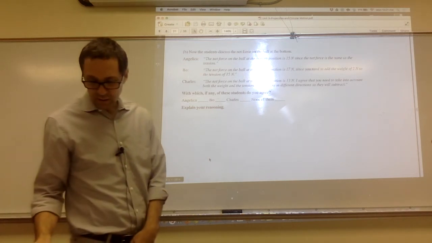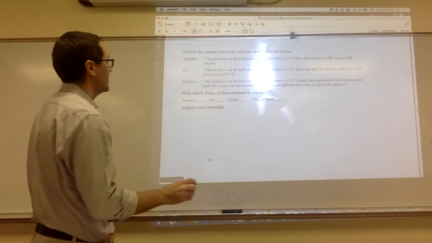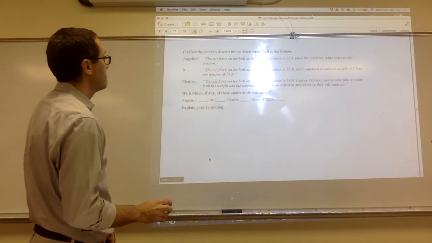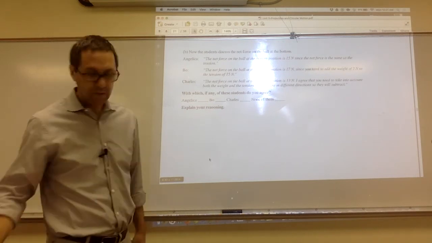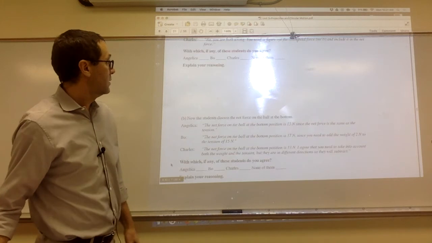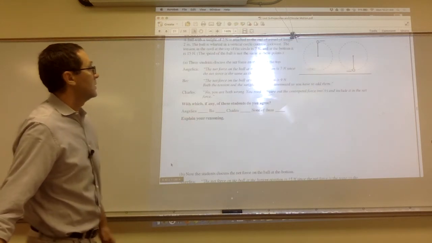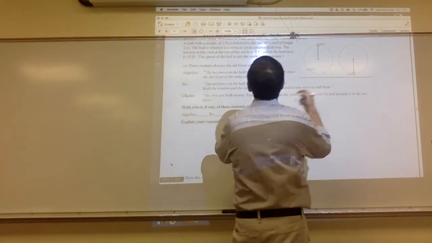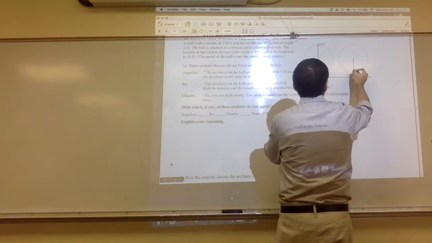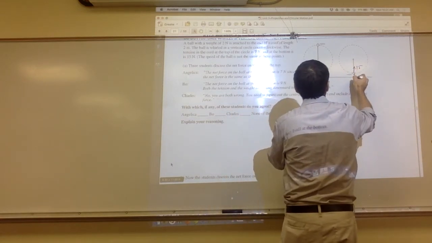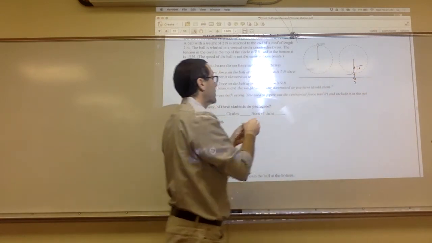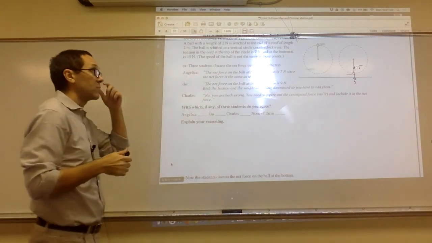I don't think that's right. Let me see. Oh, hold on a second. Okay. So let's see. Oh yeah, at the bottom the tension here is 15, and the mg is 2. So the force at the bottom, or the net force at the bottom, should be 13.